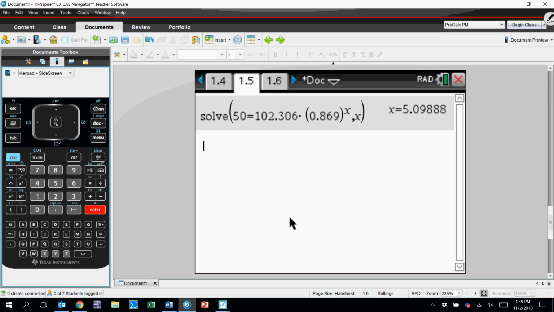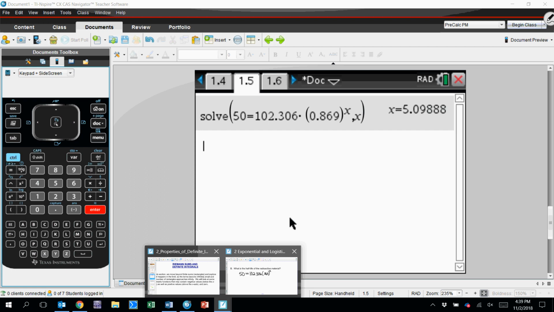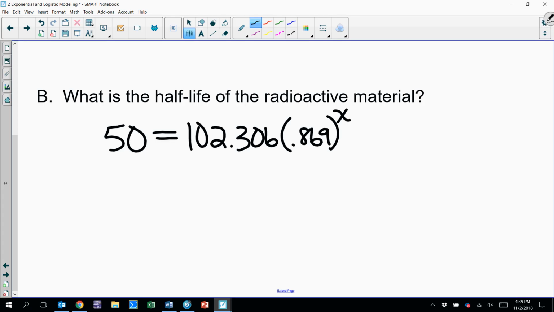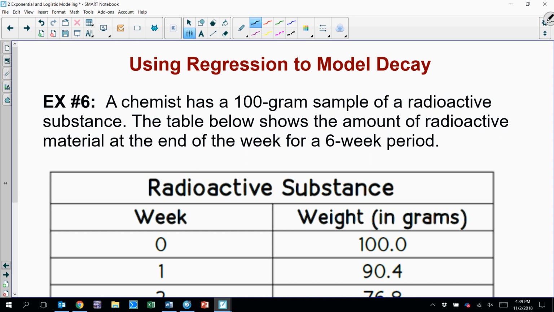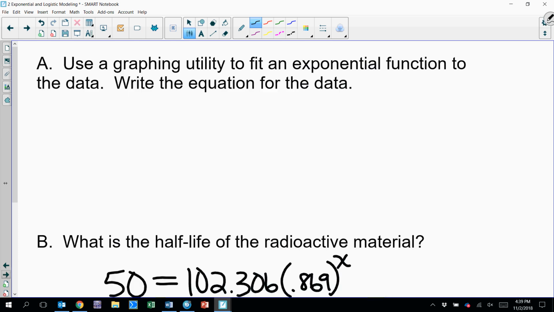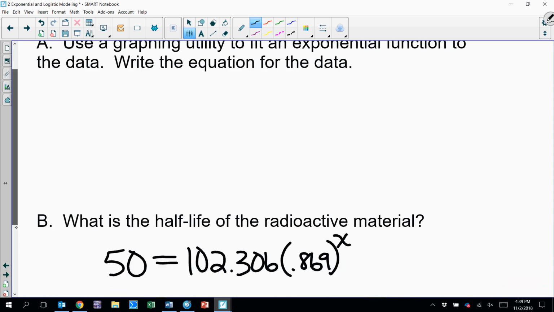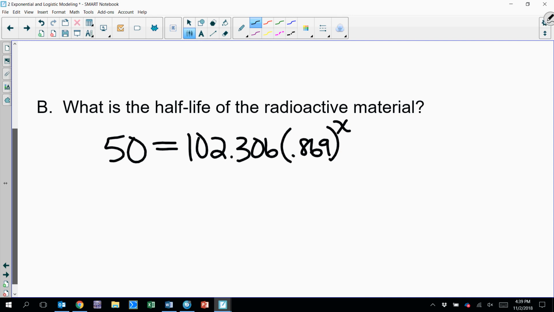I'm going to read the original problem real quick. The original problem says that it's in weeks. So this is at the end of the week. That means my answer that was 5.09 is in weeks.